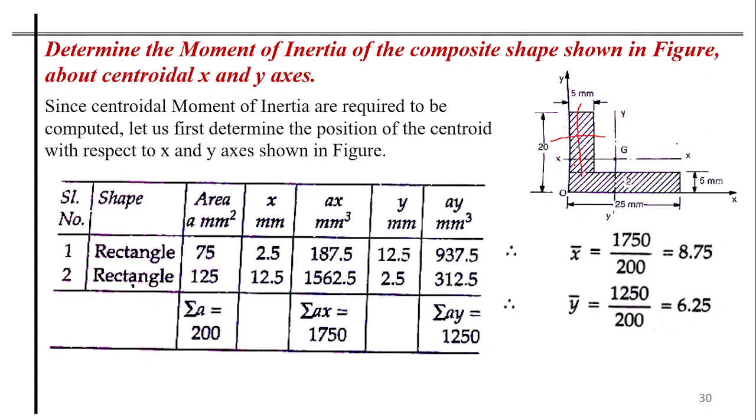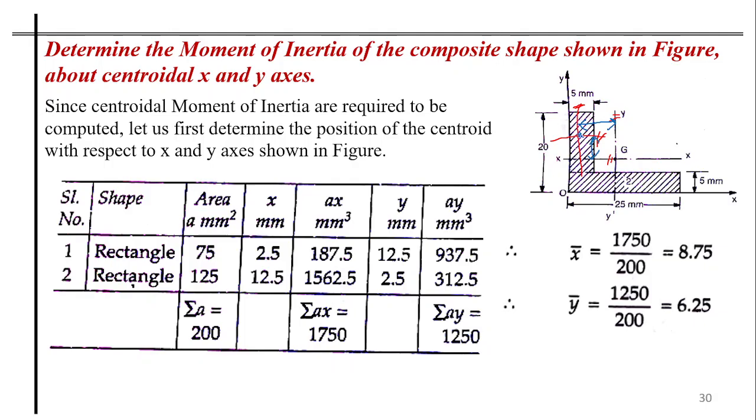What you need to do is, from this axis, you need to transfer it onto this axis. For that, I need to know this distance, and I need to know how much is this distance.